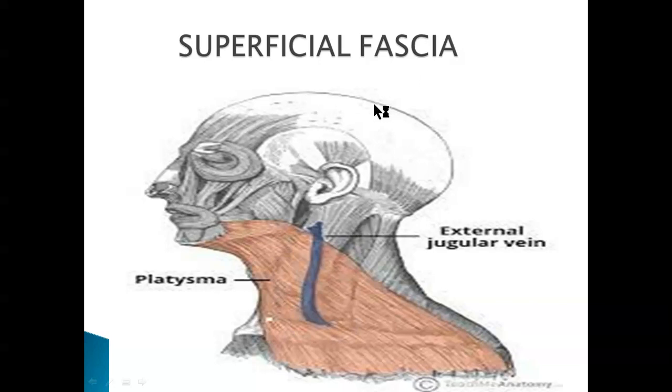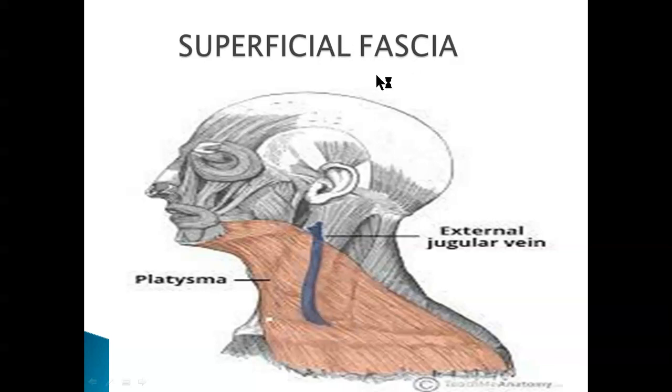So skin we have covered. Below skin we have the superficial fascia, which contains a very thin, broad muscle in the anterior and side of the neck. Then over there we can see the external jugular vein. The external jugular vein is a superficial vein, which lies within the superficial fascia.